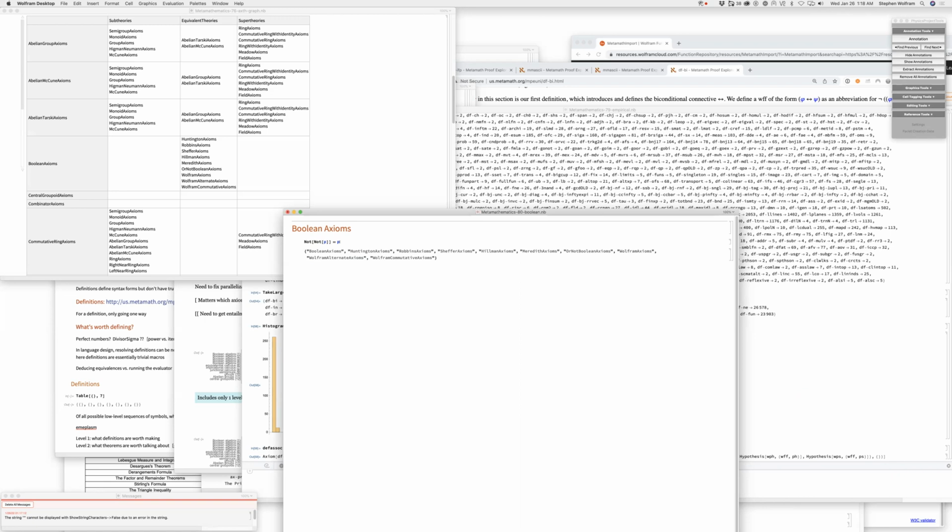So in terms of these different things, we have Boolean axioms here.